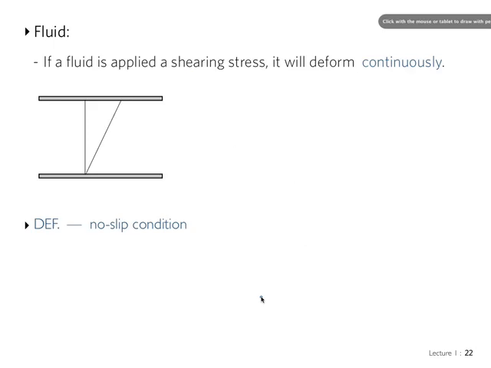So we have, again, the same figure that we had before. The upper plate moves due to a load P. The distance between the two plates is B. And we have this line AB, which has rotated to the line AB prime by an angle delta beta.